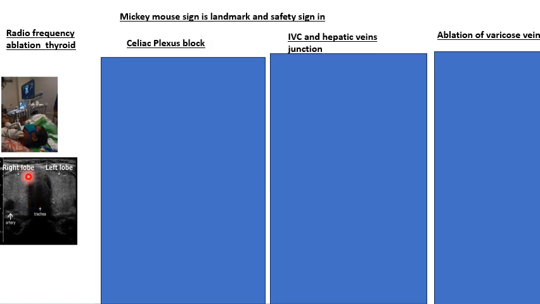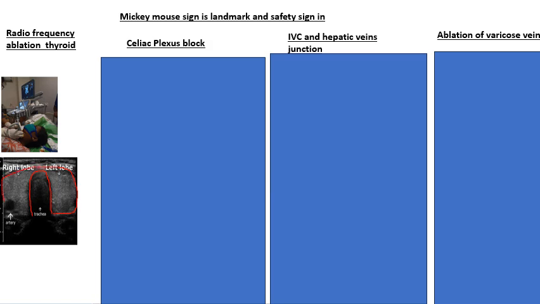So how do you exactly localize them on the ultrasound, and then you give the radiofrequency waves? But there is no Mickey Mouse sign. The thyroid will be butterfly shaped. This is your trachea on ultrasound, and these are the two lobes. So there is no Mickey Mouse sign here.